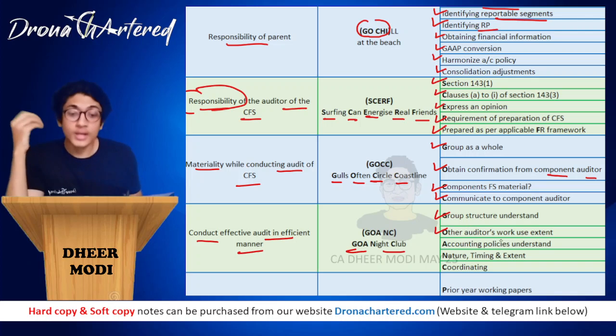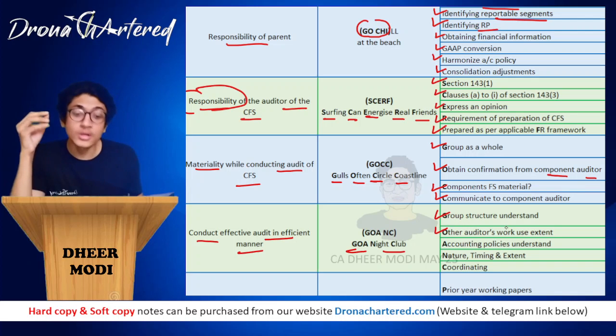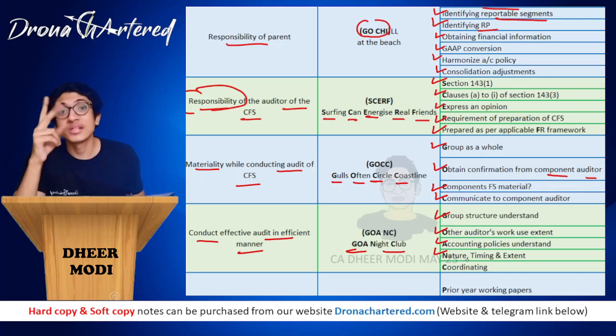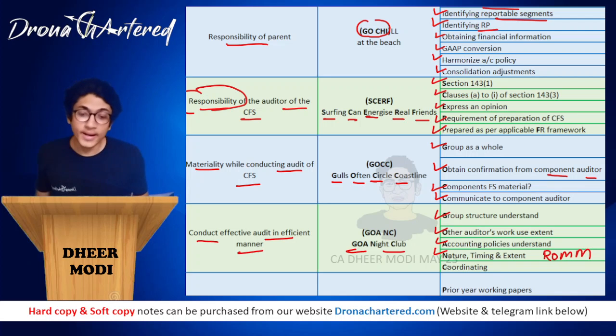O stands for other auditors' work, use, extent, that means to what extent will you use the other auditors' work. A stands for accounting policies, also you will have to understand. N stands for your nature, timing and extent based on your ROMM, risk of material misstatement. And last is coordinating. Okay, so Goa nightclub, that is GOANC.